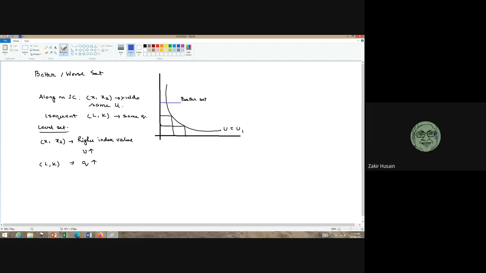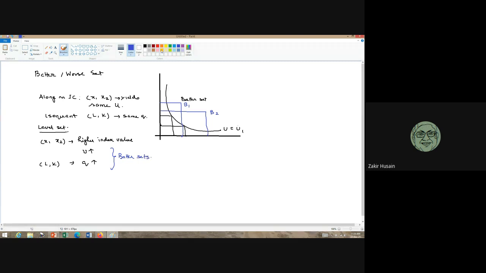So combinations like this, combinations like this, these are all points in the better set. So such points lie in the better sets.